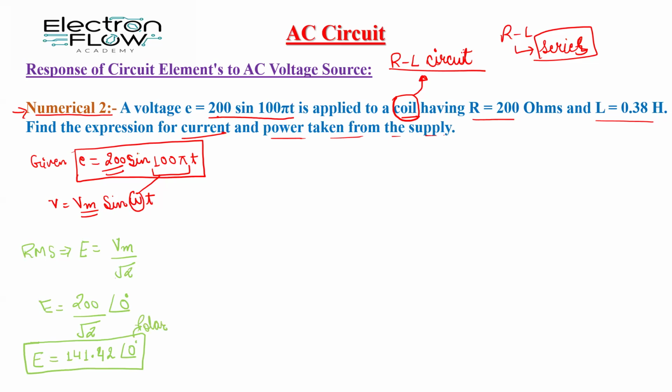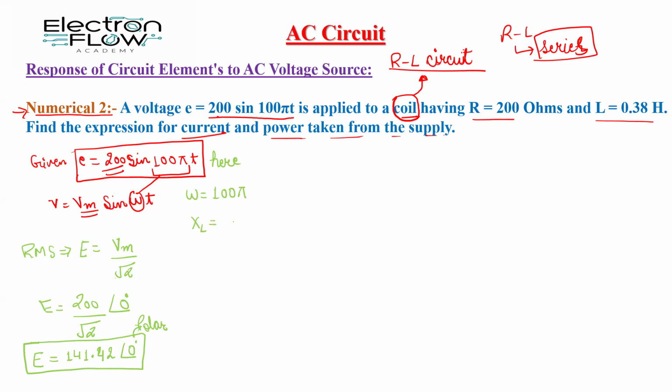From the given expression, as I discussed, omega is equal to 100 pi. So we need to calculate the XL.